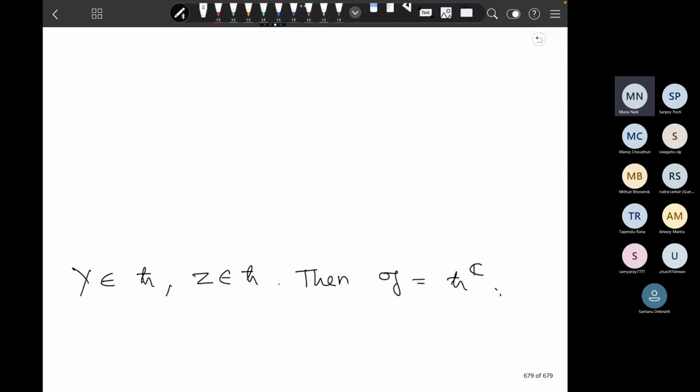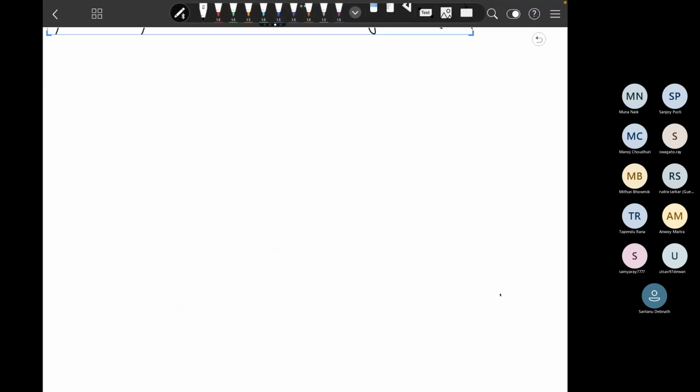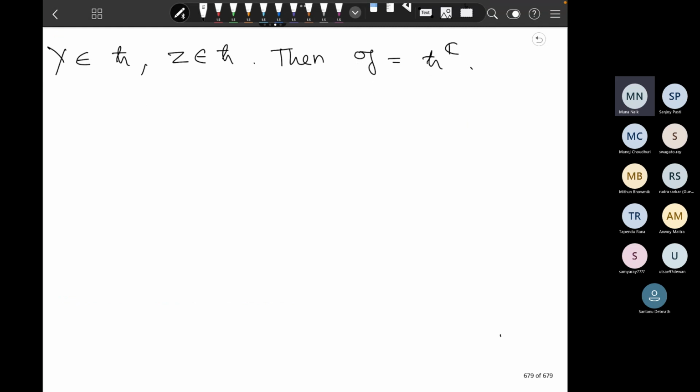Now I define something called a compact real form.